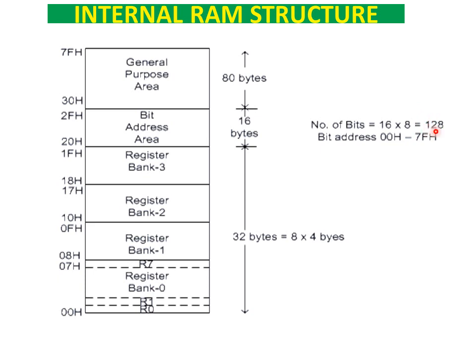To access 128 bytes, the addresses 00 to 7F are enough. And I said already, this RAM is divided into 3 parts. The first part is register banks.